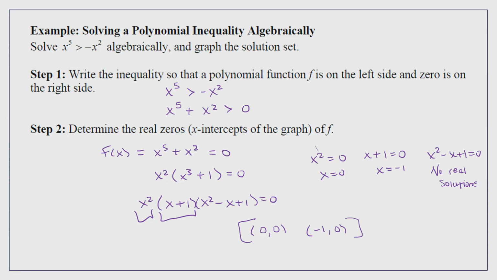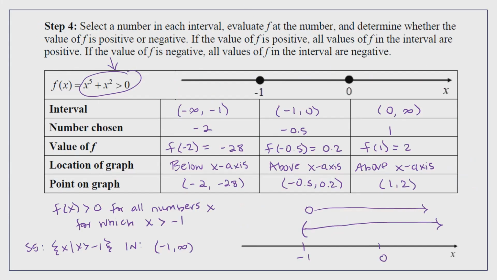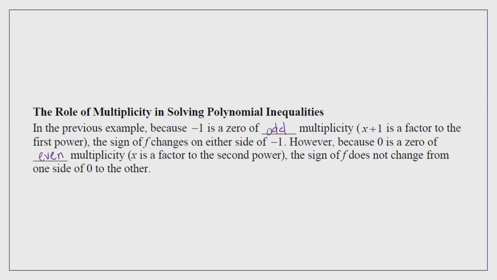So since it's odd, the sign of f changes on either side of negative 1. If we look here at our table, on one side it's below the x-axis, the other side it's above the x-axis. And since 0 is even, we are on the same side, meaning at 0 we just touch the x-axis, whereas at negative 1 we actually cross it.